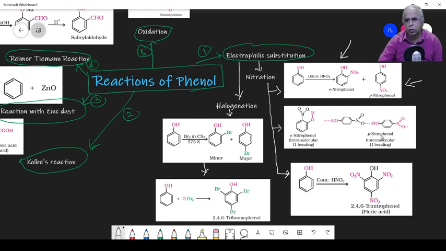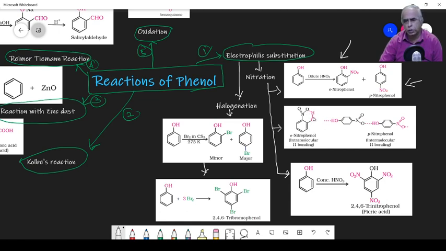Whereas in the case of paranitrophenol, there is intermolecular hydrogen bonding, an additional intermolecular bonding, and that is why the boiling point is a little bit higher. Let me talk about orthonitrophenol, where you should know first of all what is hydrogen bonding. It is bonding developed between the proton, that is H, and a nearby electronegative atom.